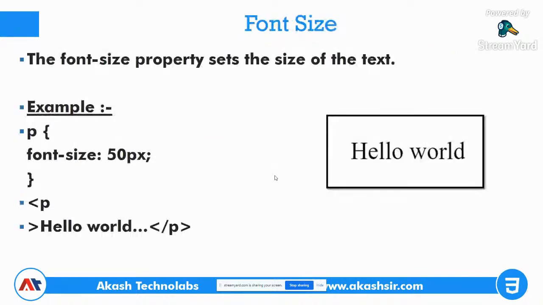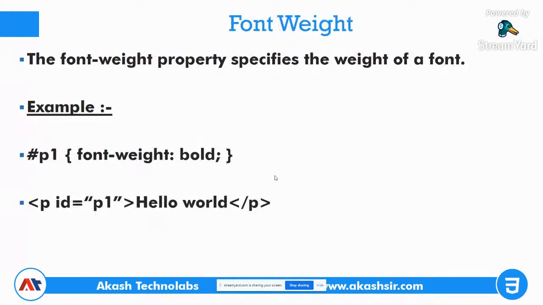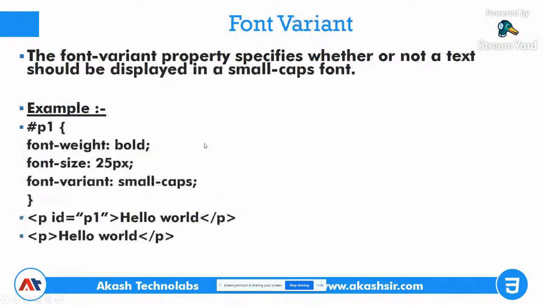The font size you can define with the help of the font-size property, that is 50 pixels or maybe 10 or 20. Font weight, if I want to make it bold, then you have to write the property. I know it's very easy, and that's why I'm navigating my slides faster, right? Font weight is a property with which you can convert your font into a bolder one.